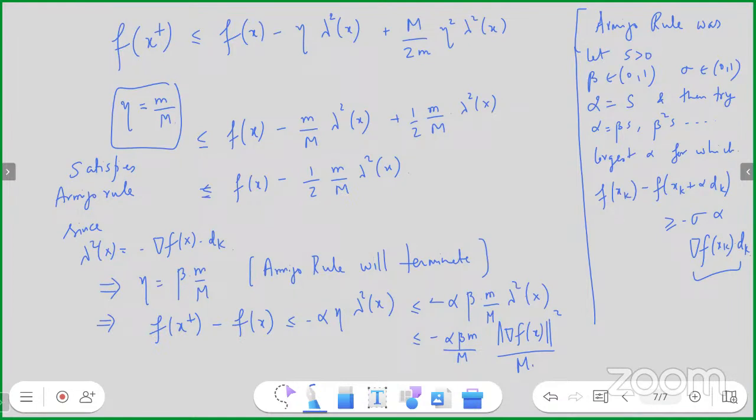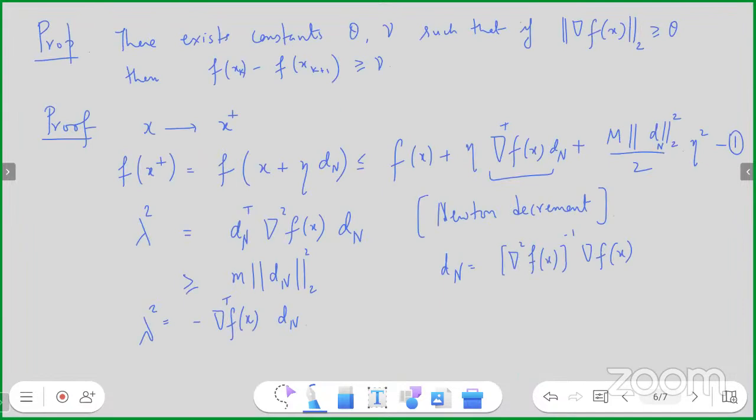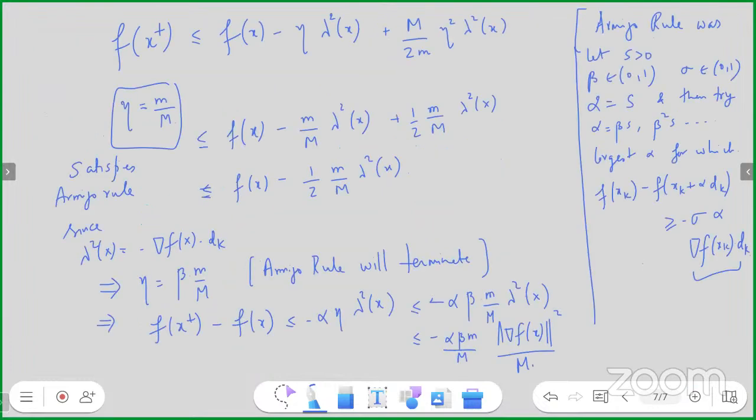So if I put a limit on this, I will get a constant. So if this is greater than some theta, that's the thing I want, right? That if this is greater than theta, then this is greater than nu. So put this quantity as theta, all of this as your bound, which is exactly what I want. So fixing del f(x) to be greater than or equal to theta, we get the result.